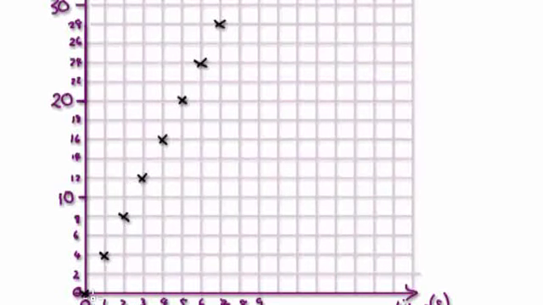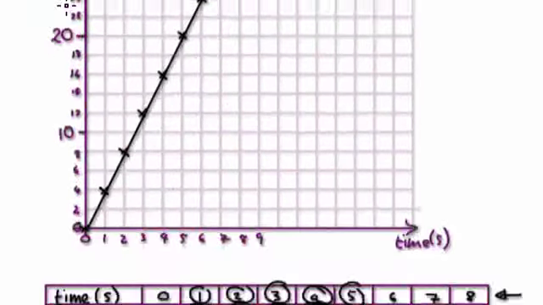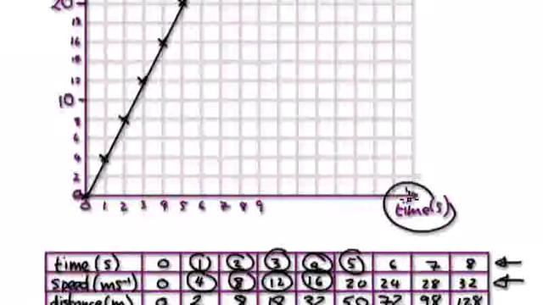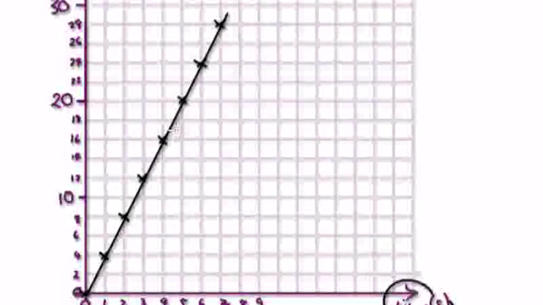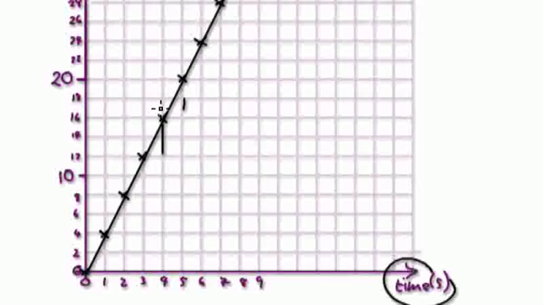Because it's an acceleration of 4, there's going to be an increase in the height of 4 each time. So your speed time graph will look like this, a straight line. And because there's an increase of 4 each time, basically the gradient is 4. So the gradient of your speed time graph will represent the acceleration.